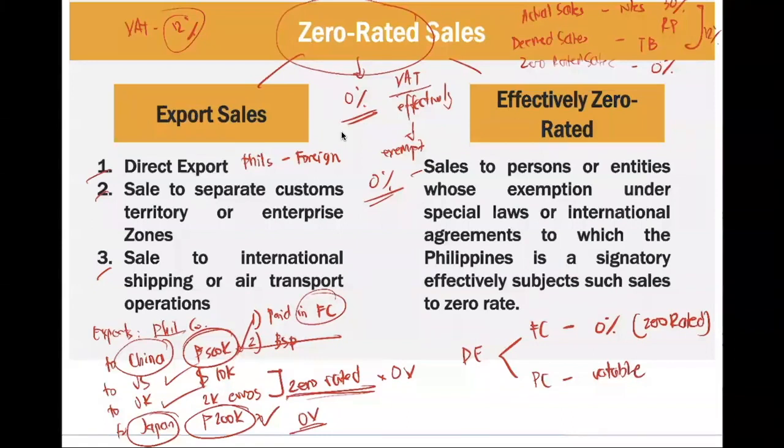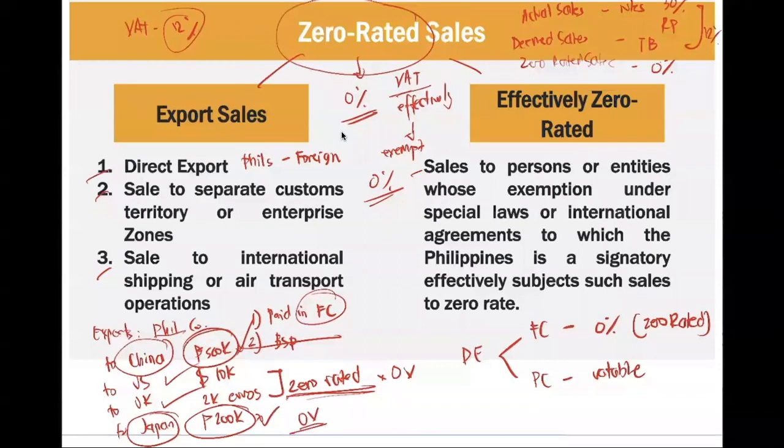Remember, one of our measures of purchasing power is our foreign currency deposits. So the level of our foreign currency deposits is dependent on our purchasing power. Therefore, as an incentive so that we have more foreign currency deposits, we give zero rating to a foreign currency sale. So only those paid in foreign currency.